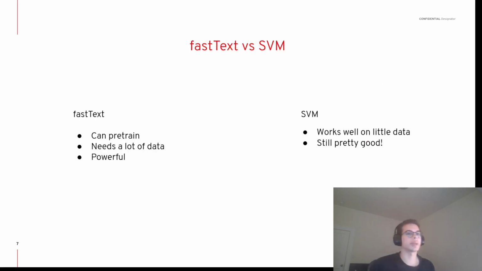So we're going to talk about the models we use. We use two models, and I'll explain more about that in the next slide, but the two models are fastText and support vector machines. First I'll talk about fastText for a bit. fastText is a word vector model, which means every word is transformed into a vector.